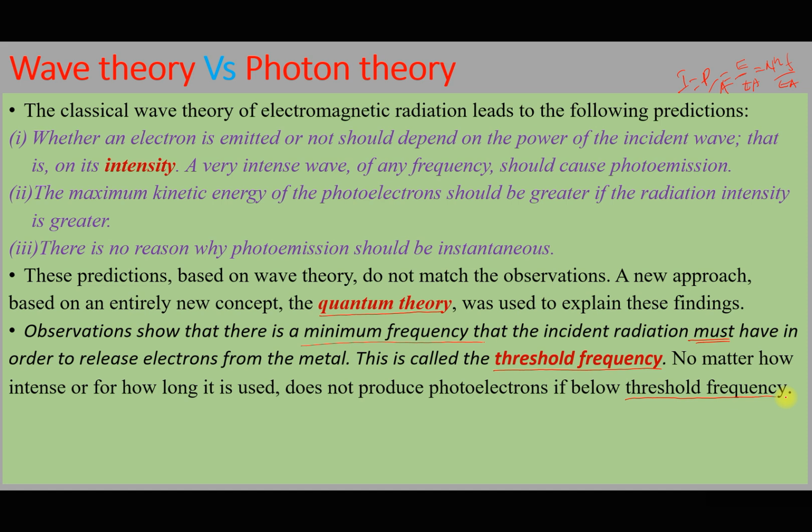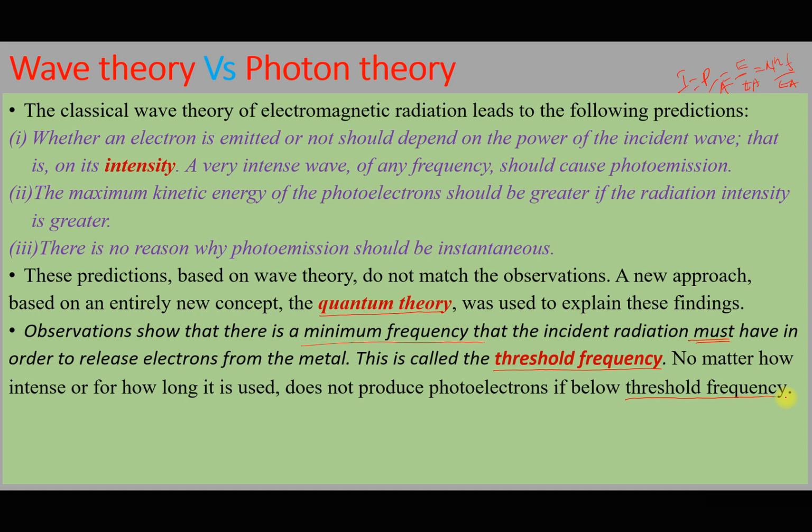But the wave theory just predicts that there is no need for the frequency to be above any certain value. Even low frequency radiation should be able to cause photoelectric emission as long as it is intense enough, or as long as we can shine it onto the surface for a long period of time. But just like I mentioned, this is not observed. It does not happen. There is a minimum frequency below which electrons cannot be released.